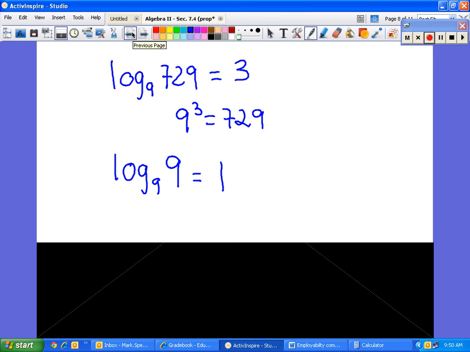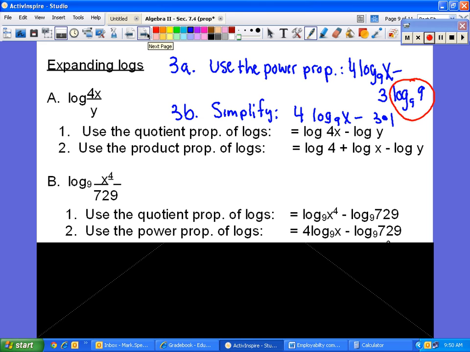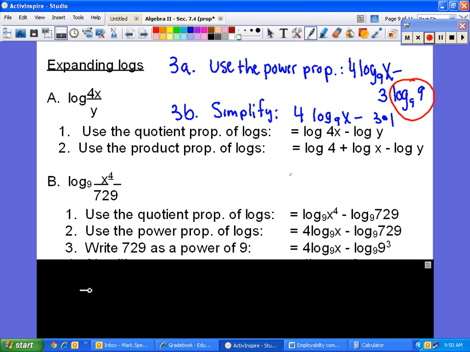So 9 raised to the 3rd power gives you 729. So instead of writing 729, we're going to write it so that our base and our value are the same. We make it 9 to the 3rd power.